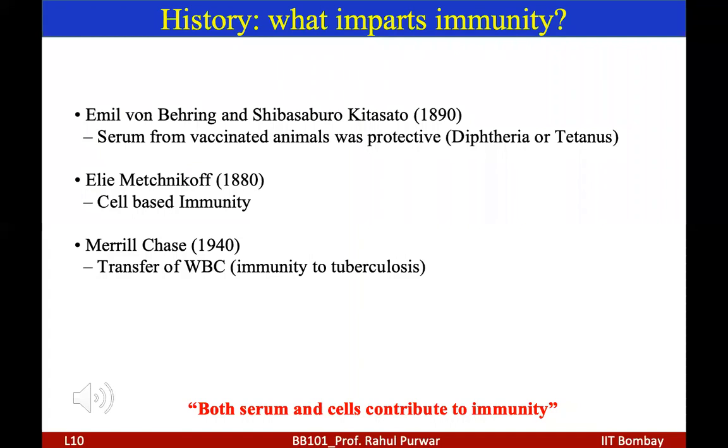This is very similar to today's time, the corona COVID pandemic time, because some of you might be hearing about plasma therapy for COVID-19. So what is plasma therapy for COVID-19? It is that if you take the plasma from a COVID patient, you are expecting that the plasma will contain the antibodies.